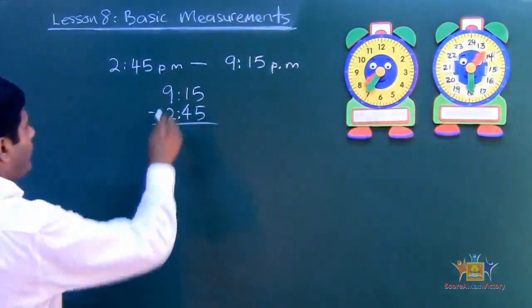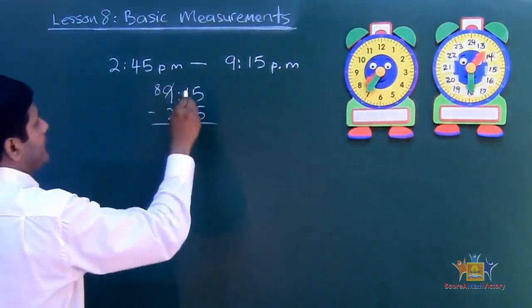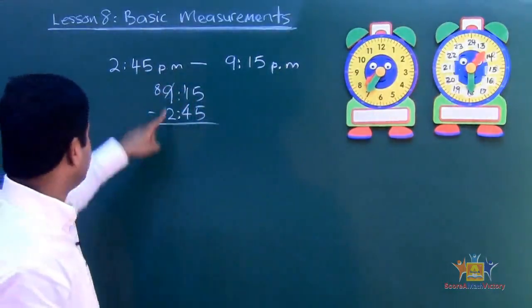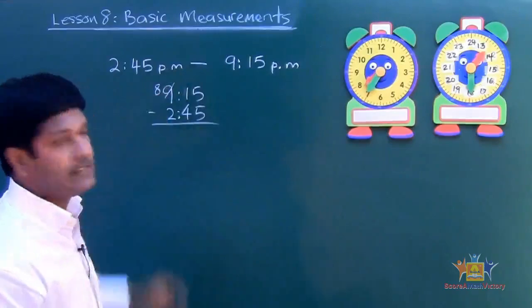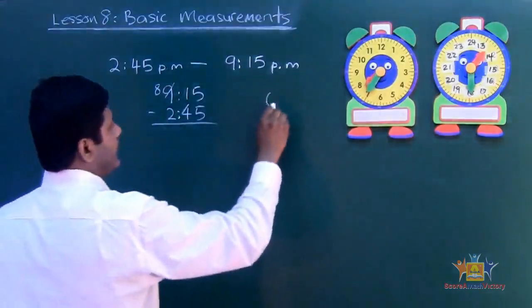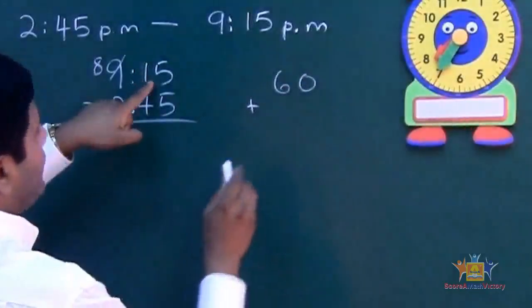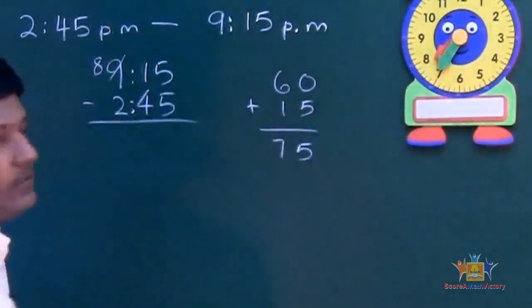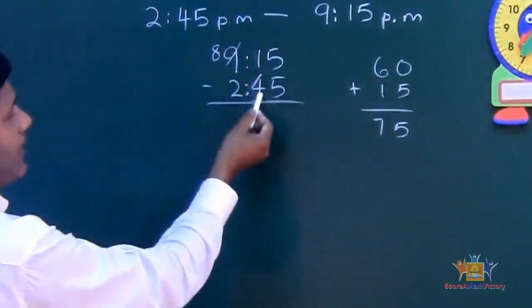I borrow from 9. 9 becomes 8. Do I make it 11 like that? No, you can't, because that 1 hour is equal to 60 minutes. So I take 60 and add it to that 15 minutes, which gives me 75 minutes. Now I can subtract with 45.